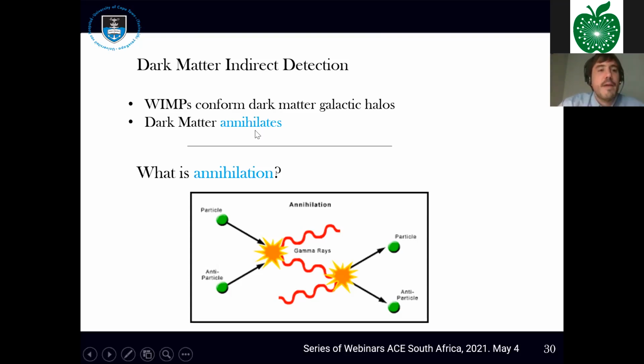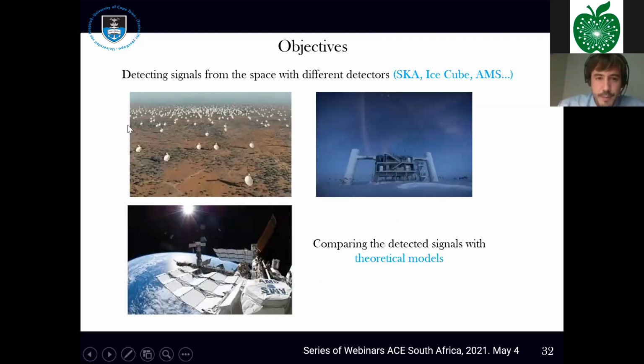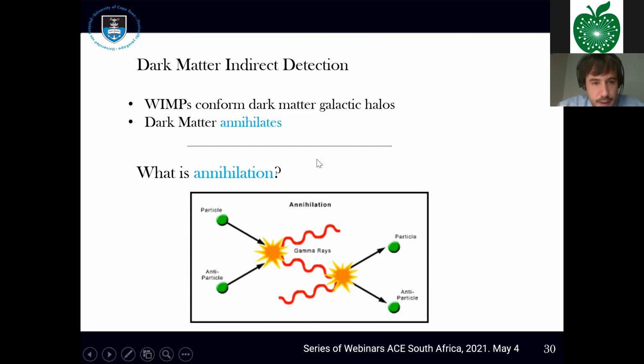So here I'm going to speak about one of the assumptions for dark matter, and that is that dark matter annihilates. Okay, what is annihilation? Let me explain it briefly. Annihilation is a phenomenon that happens to all known particles in physics, and it's the following. Let's imagine we have a particle and that collides with its antiparticle.